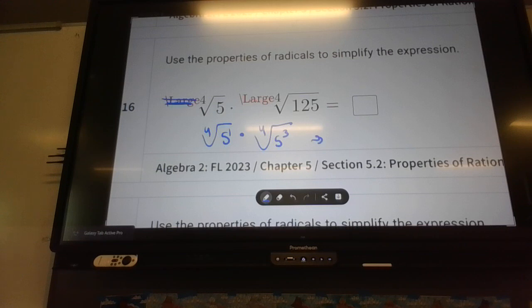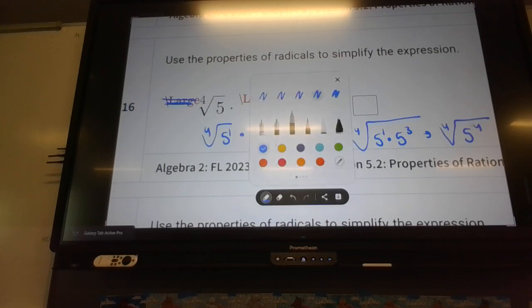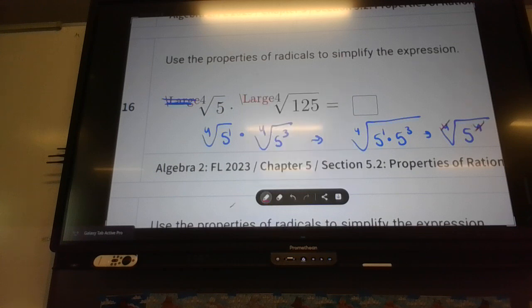So when I multiply this, it would be 1 big 4th root, 5 to the 1st times 5 to the 3rd, which is 1 big 4th root, 5 to the 4th, because you add exponents. Cancel the index and the power, and there's your answer. That's the more advanced way to do it.